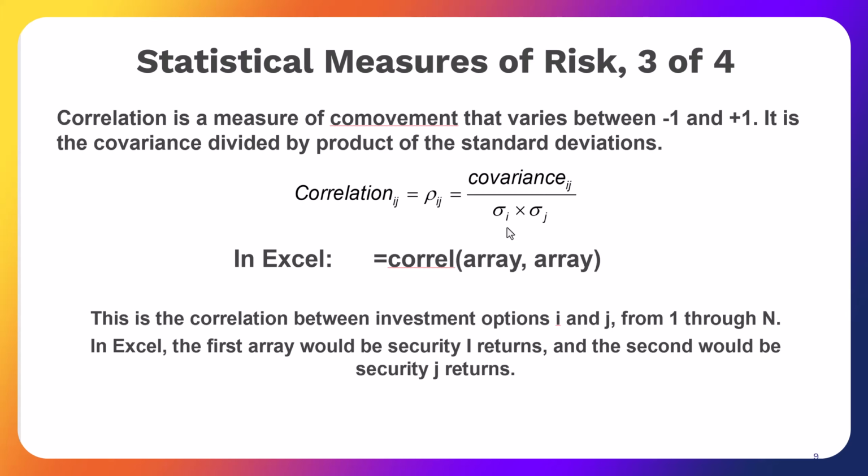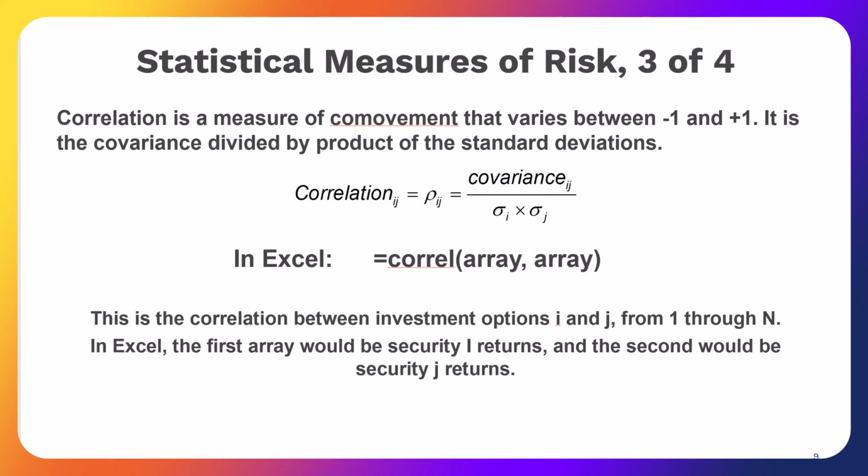Now, the standard deviations, by nature, since they're a square root of variance, have to be positive. So the denominator here will always be positive. However, the covariance could be positive or negative. So correlation simplifies covariance by normalizing between -1 and +1.